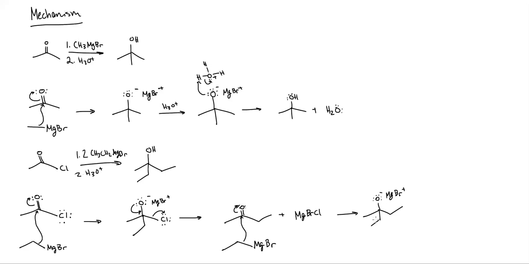So now what's going to happen is I'm just going to throw in some acid. So acid is going to come in again, and it's going to protonate that O to give me the alcohol.